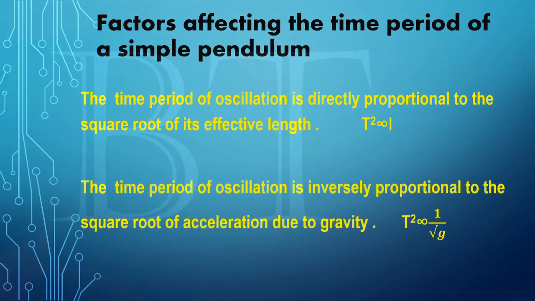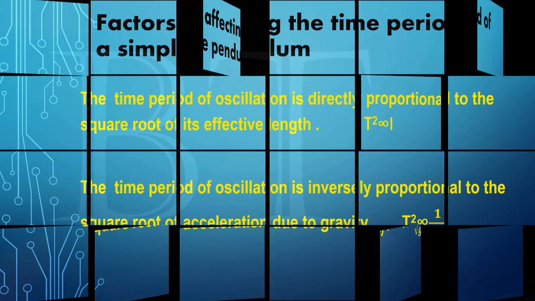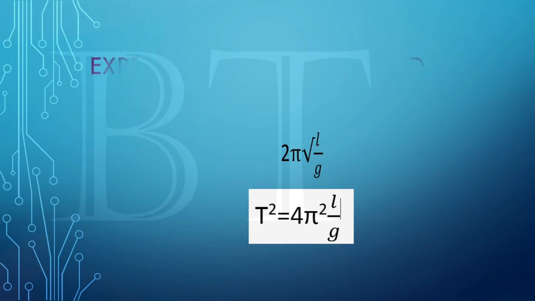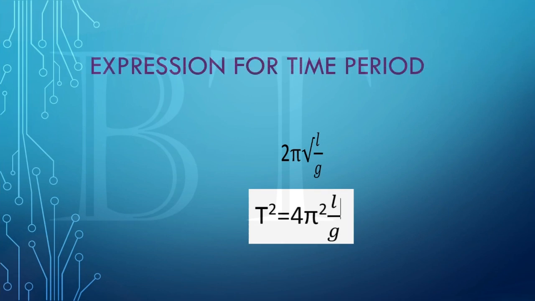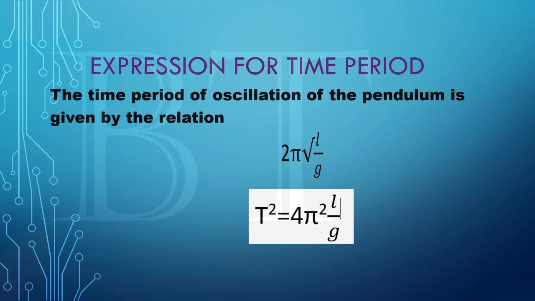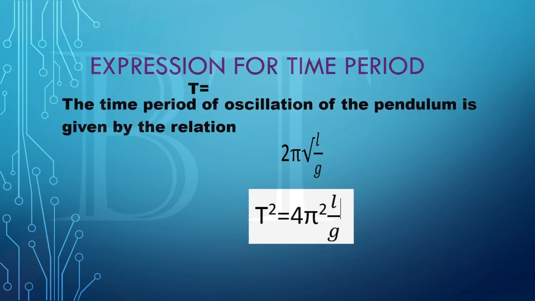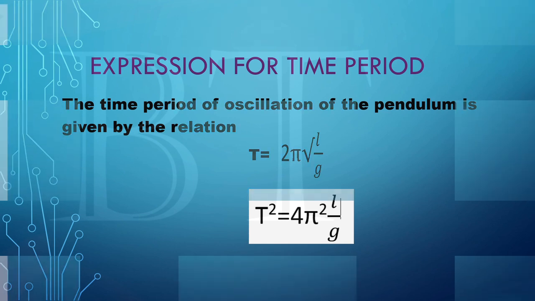Hence, we can combine these two relations and form an equation: the time period of oscillation of the pendulum is given by T = 2π√(L/g), or T² = 4π² L/g, where T is the time period, L is the effective length of the pendulum, and g is the acceleration due to gravity.